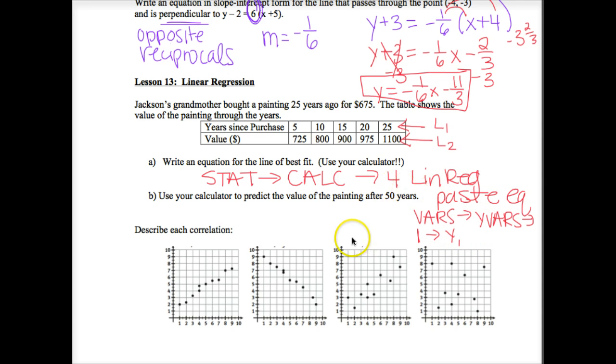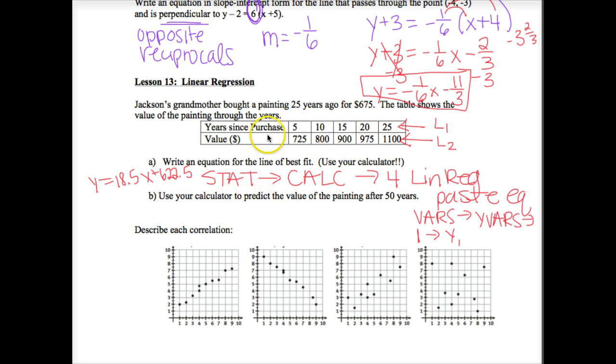Make sure that when you do your scatter plot, you don't forget to adjust the window so you can see it. When you do that, you should get the answer that I read in class, which I guess no harm in writing here, is y equals 18.5x plus 622.5.